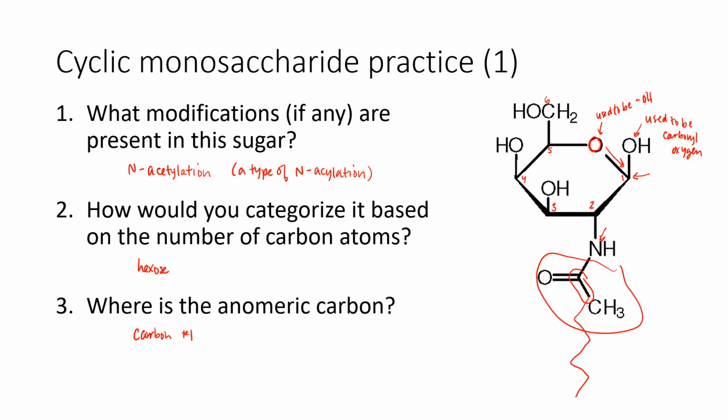Every once in a while it will be flipped, especially if you have 2 sugars linked to each other by their anomeric carbons, because to have the anomeric carbons facing each other, you have to flip one of the pictures around. They can't all be on the right side. So that's something to keep your eye on when you're considering pictures of sugars as we go through this.